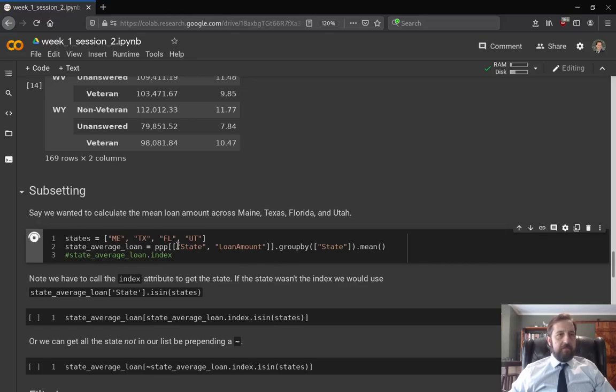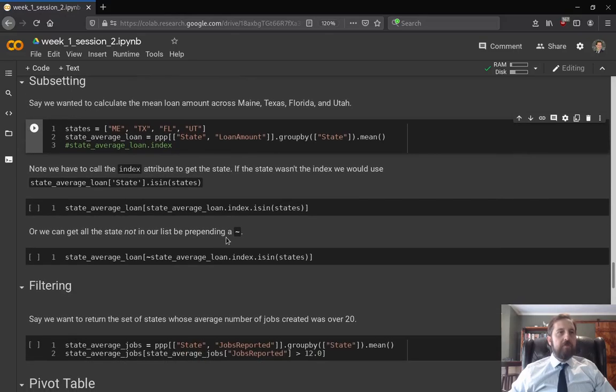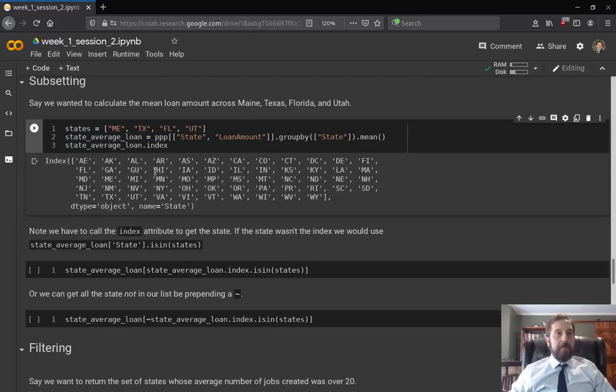Let's see here. Yeah. So actually, this is going to calculate it for every state. And what I wanted to do here is show you that the state is in the index. Right. So the index is actually the state.